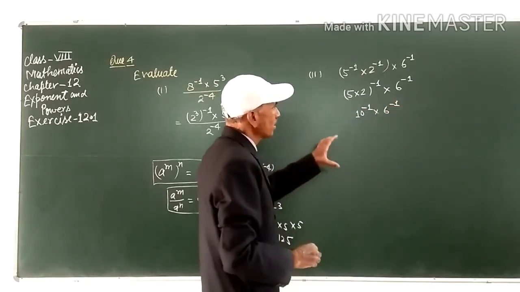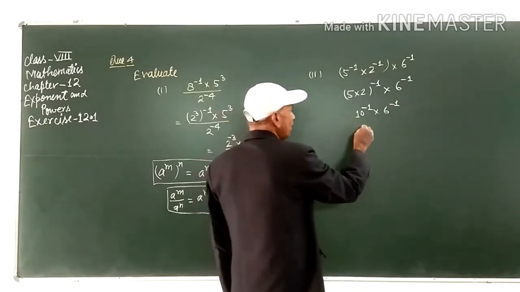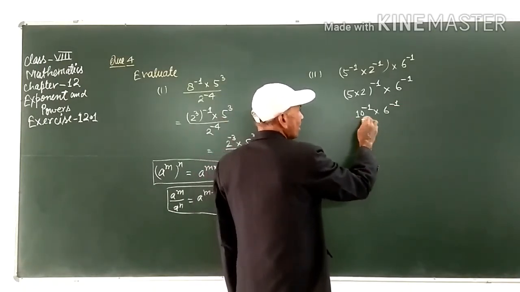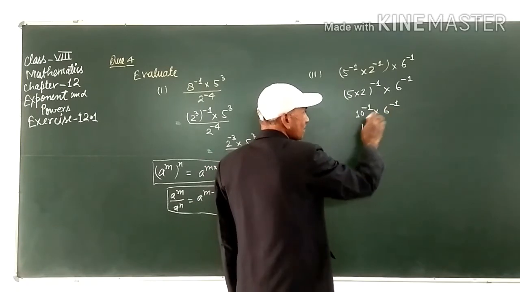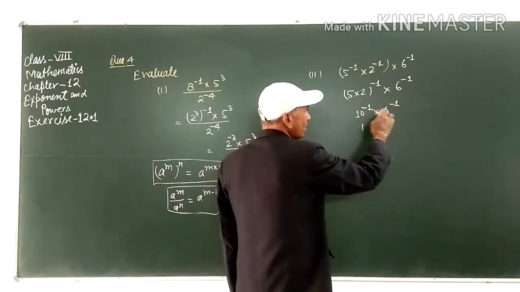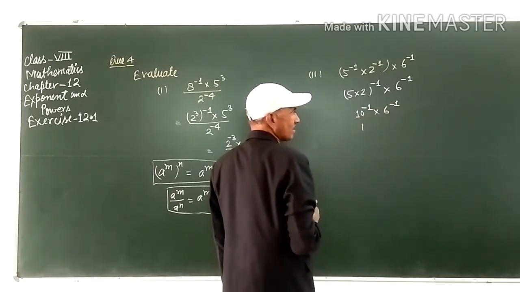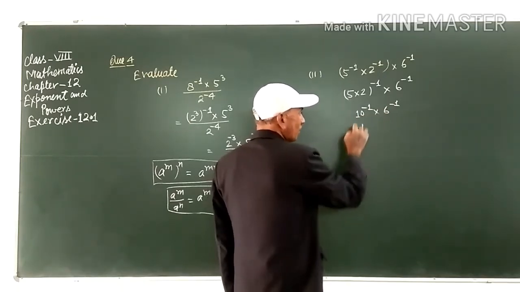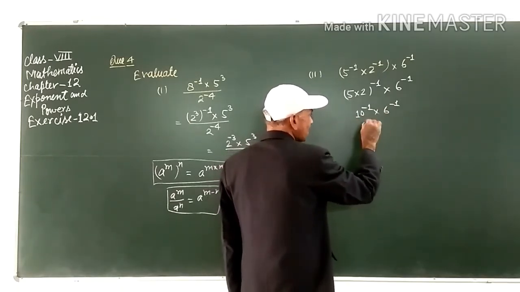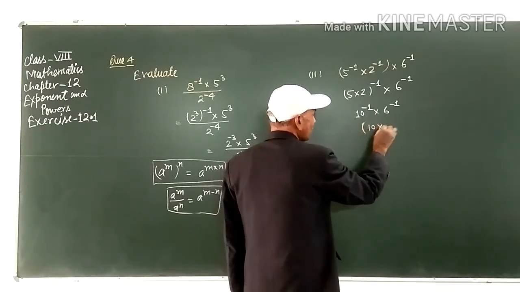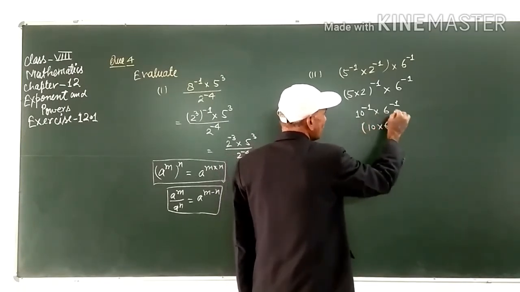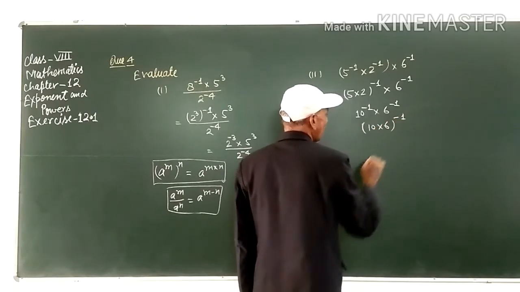Clear, students? Now in this part of the question, again the powers are equal but the bases are different. So we have to take this like this, 10 into 6 to the power minus 1.